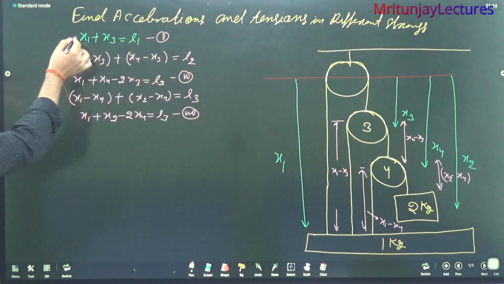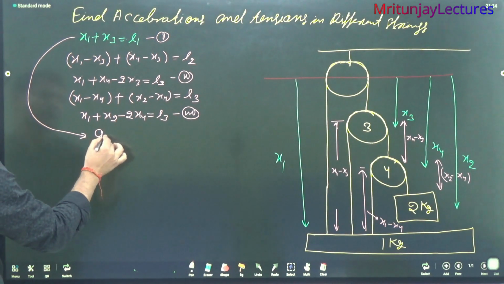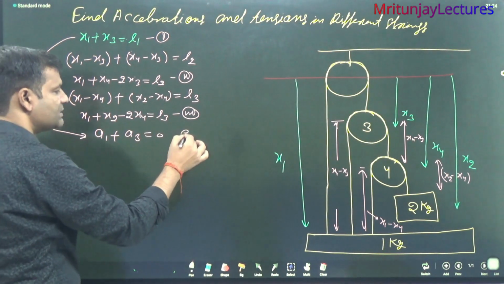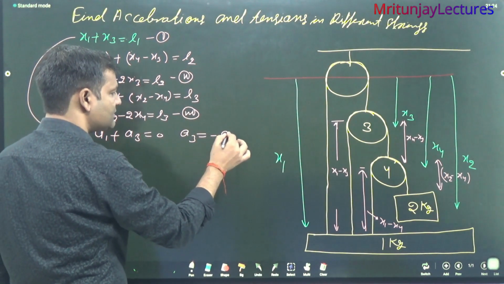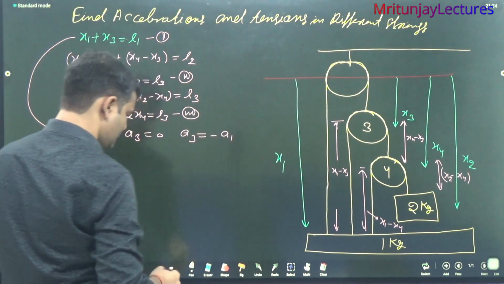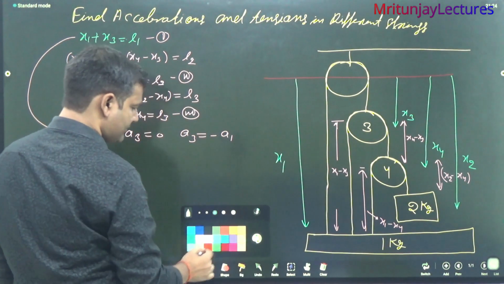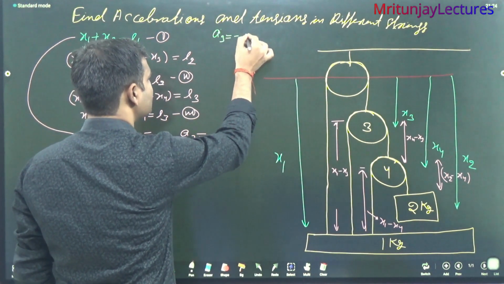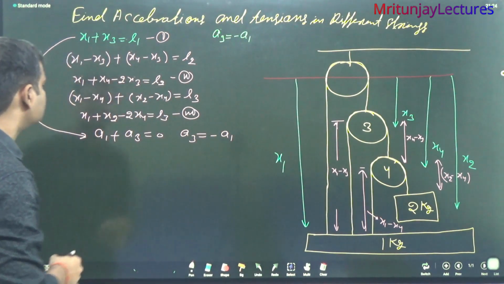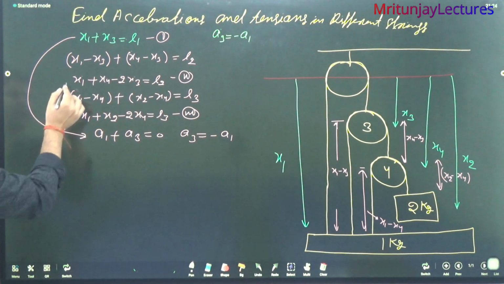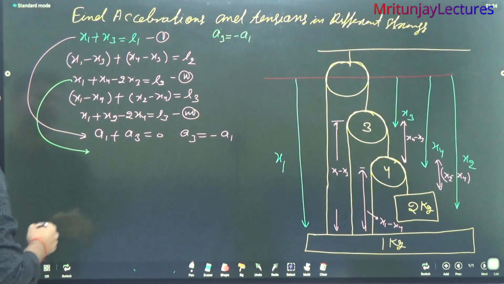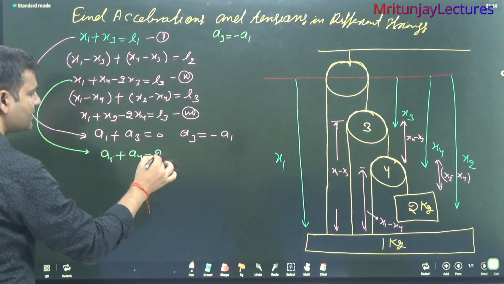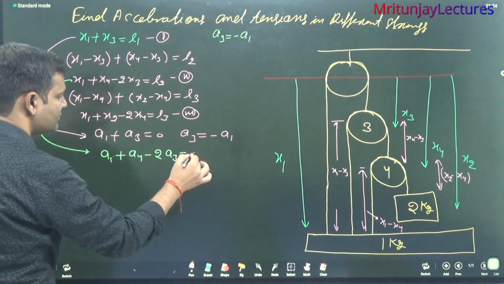So here a1 plus a3 will be equal to 0. So you can say that a3 is minus a1. Now if we differentiate this one, then we get a1 plus a4 minus 2a3 equals 0. Why?